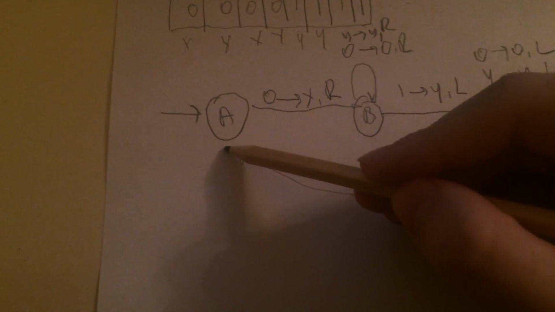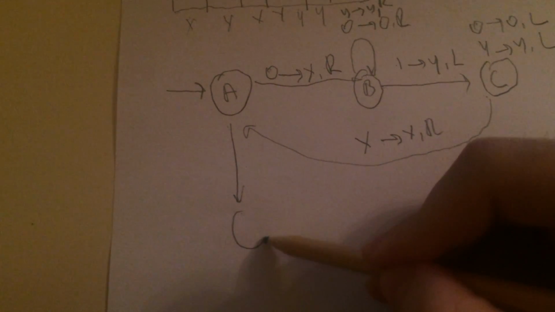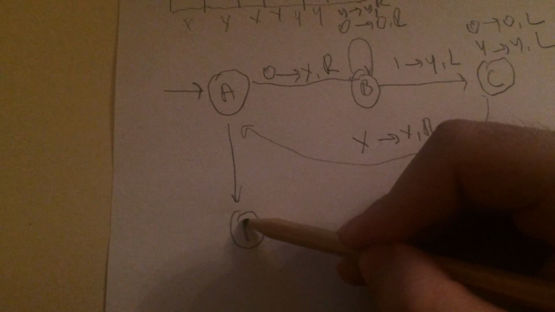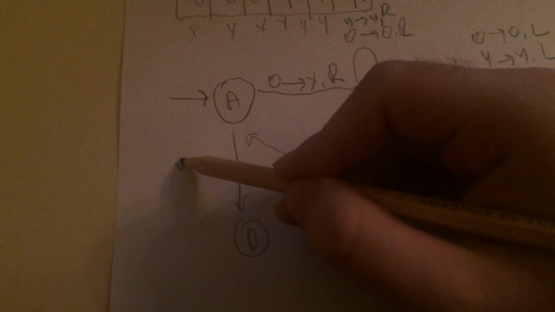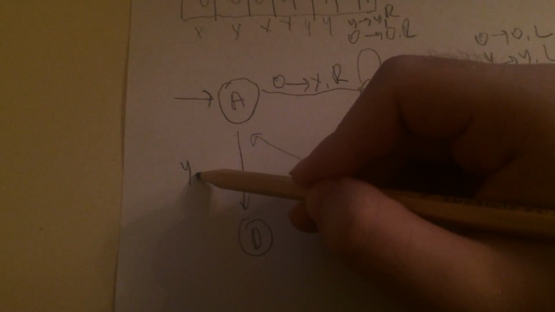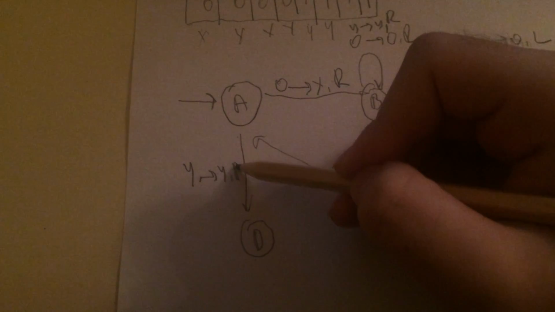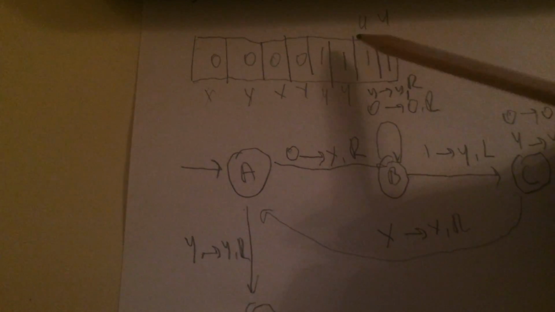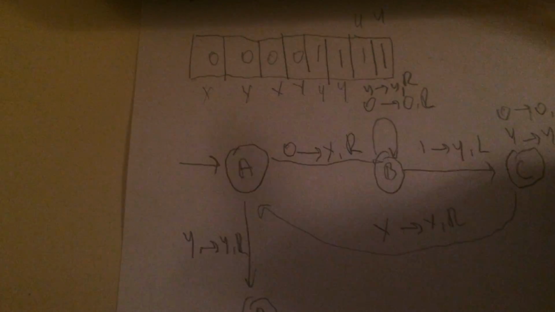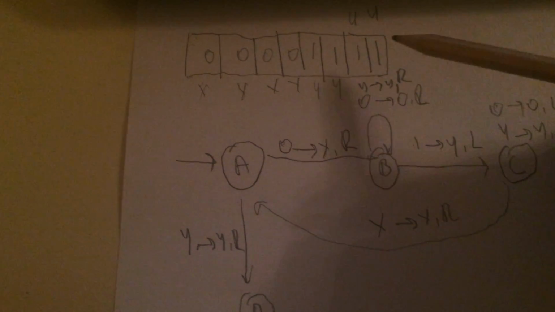To correct that, we write another state, which we call D. When we are in A and we take a y, put y again and start to go right, because we need to reach the blank for this Turing machine to accept.